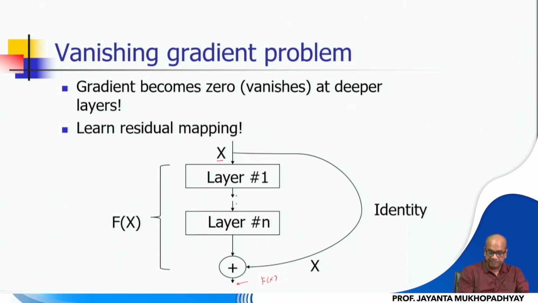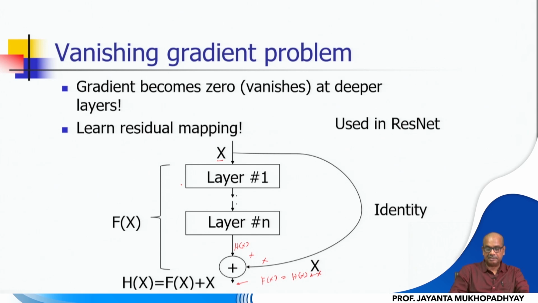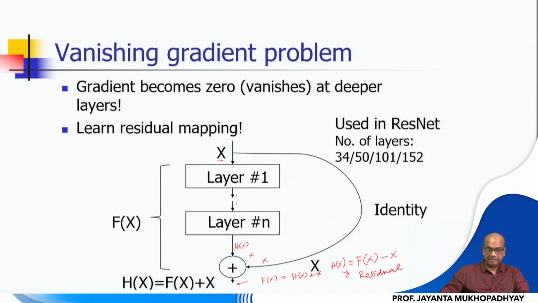If this is f(x), you are learning some function h(x), and then you are adding x, so f(x) becomes h(x) plus x. Effectively you are learning h(x), which is f(x) minus x, and this is called the residual. This part is called the residual mapping. So you are learning that.